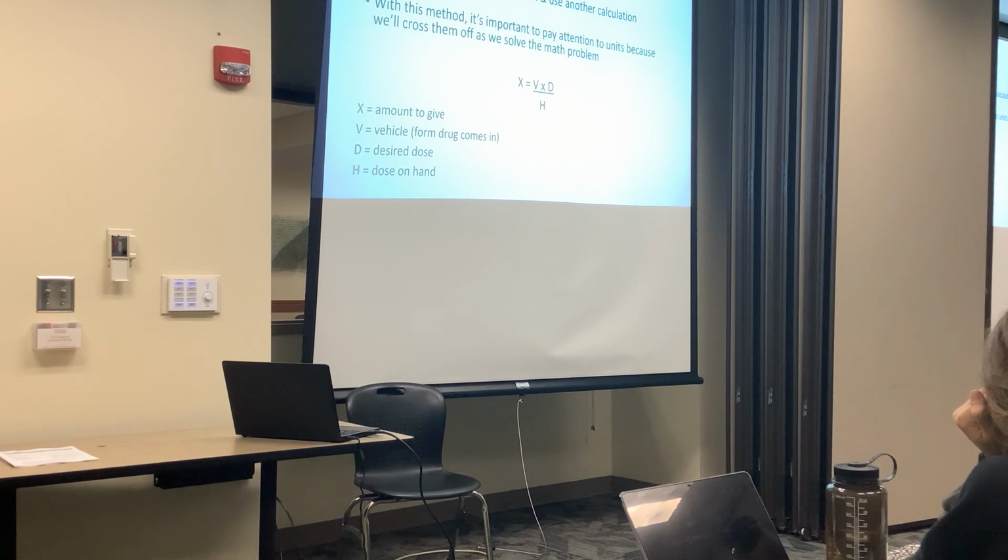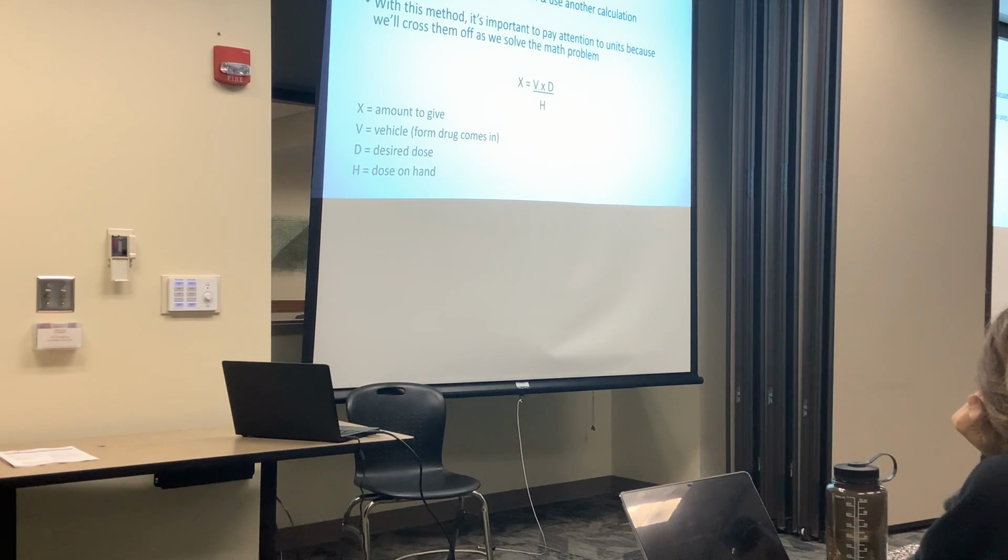So your X equals your 5 mLs times your desired dose 500, divided by 250. That's a number. You still get to 10. It didn't change the answer. Does that make sense to everybody?